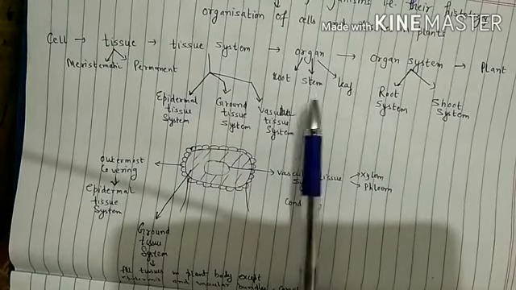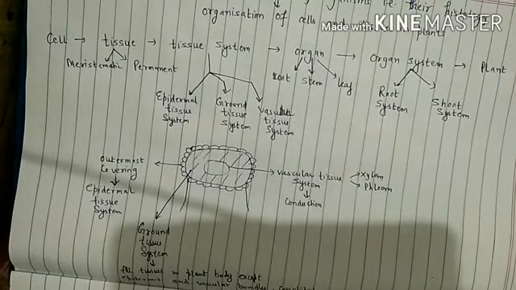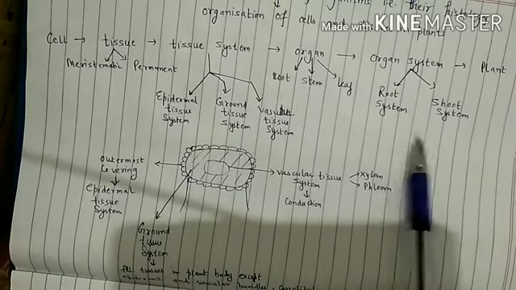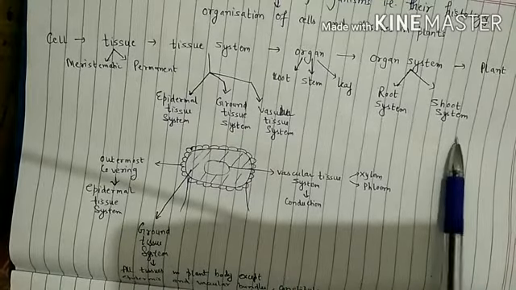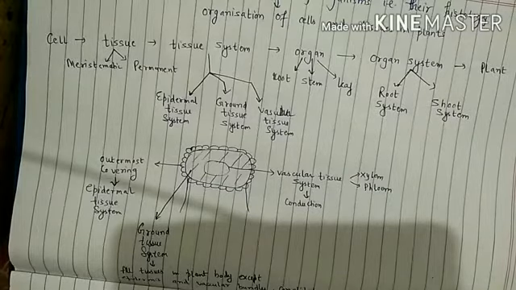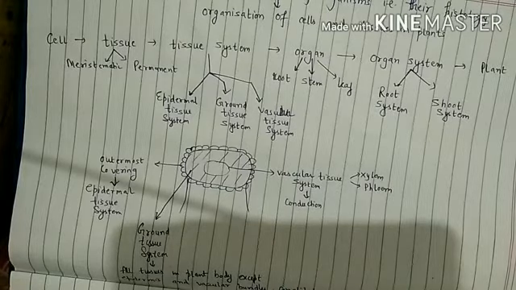Then if we study about organ, the organs in plants are root, stem, leaf, flower, all are organs in the plant body. And discussing about organ system, there are two organ systems, that is root system and shoot system. This is just an introductory video so that you should know and revise the types of tissues in plants.